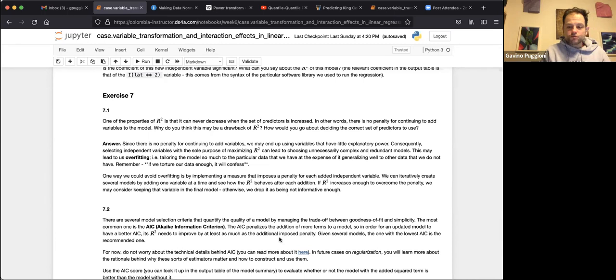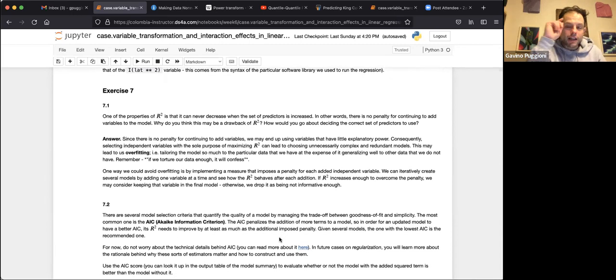So in order for a bigger model to give you an advantage and to optimize AIC... R-square will always improve. AIC may or may not.